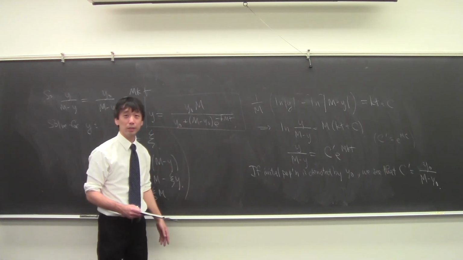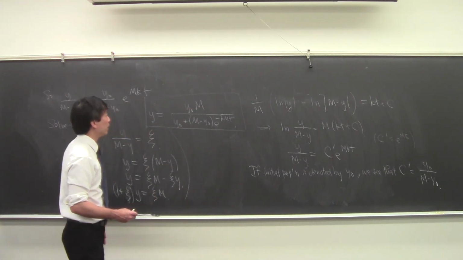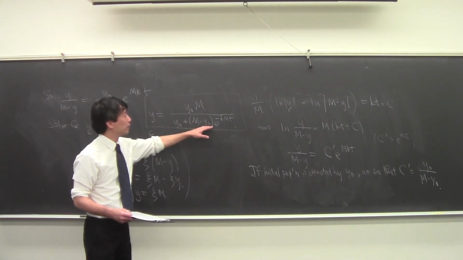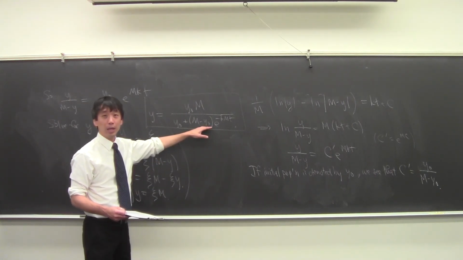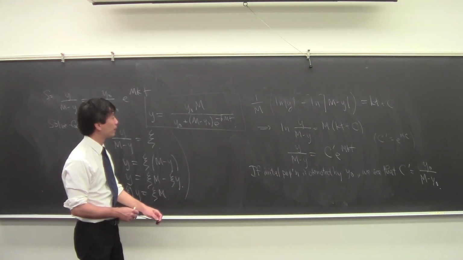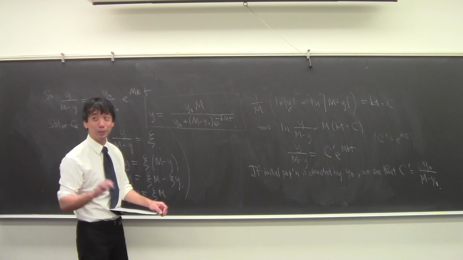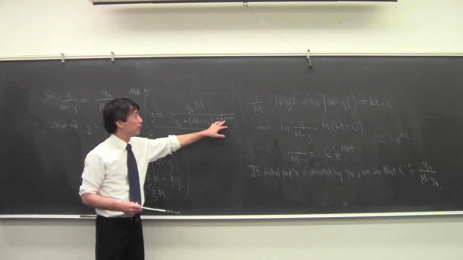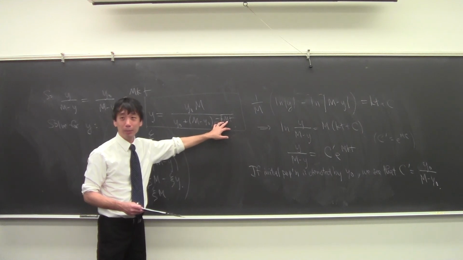What happens as t goes to infinity? Well, you've got this e to the negative kmt. What will happen to that as t goes to infinity?